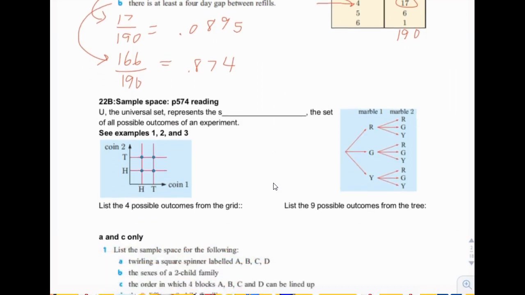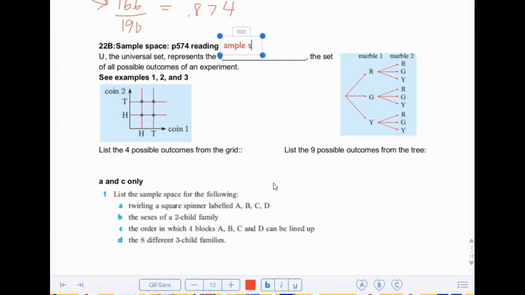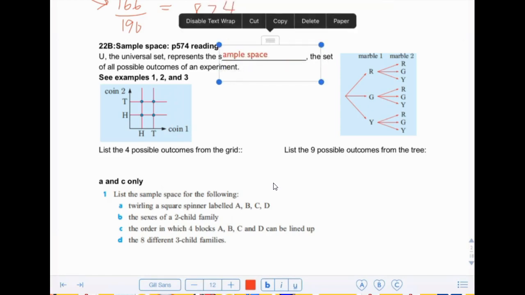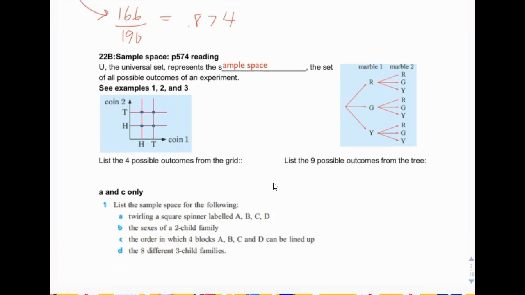Alright, 22b, about sample space. U, the universal set, represents the sample space, the set of all possible outcomes of an experiment. Okay, so here are 2 common ways to show the sample space.